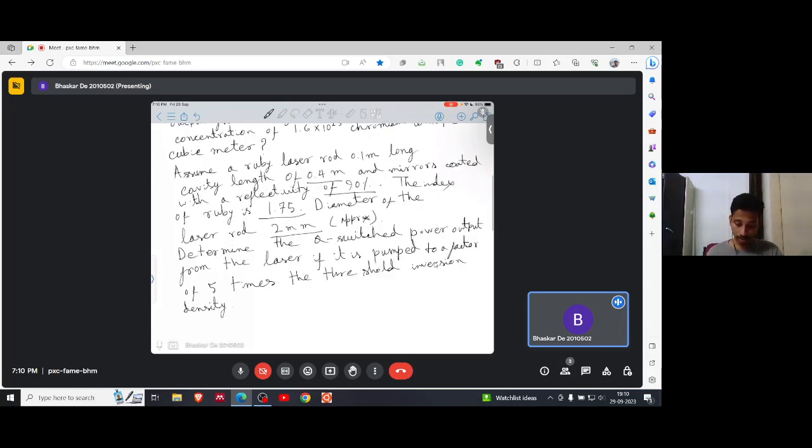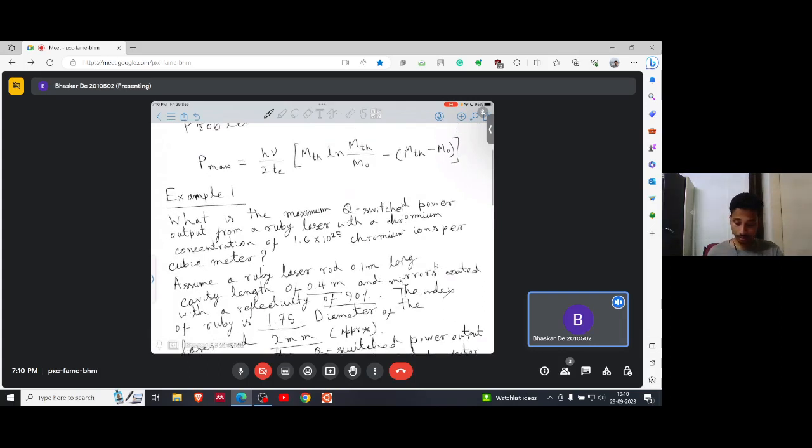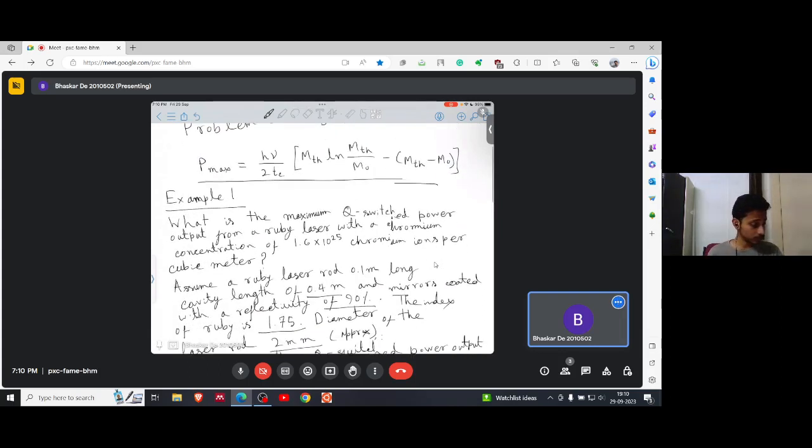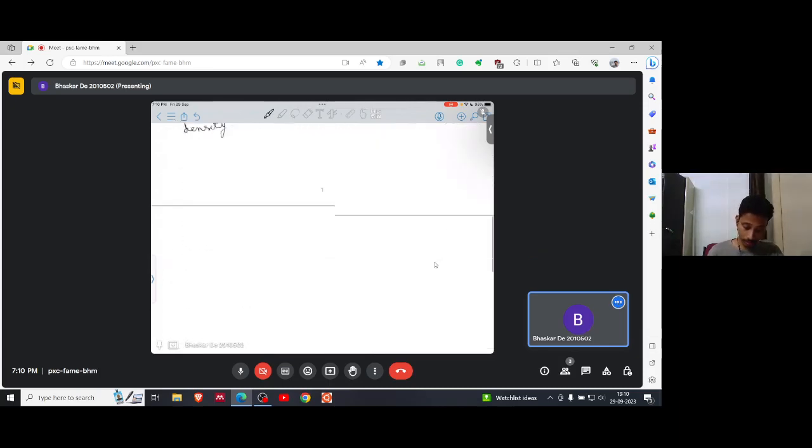For the first part, what is the maximum Q switched power, I will use this formula. Here I will write the formula again.